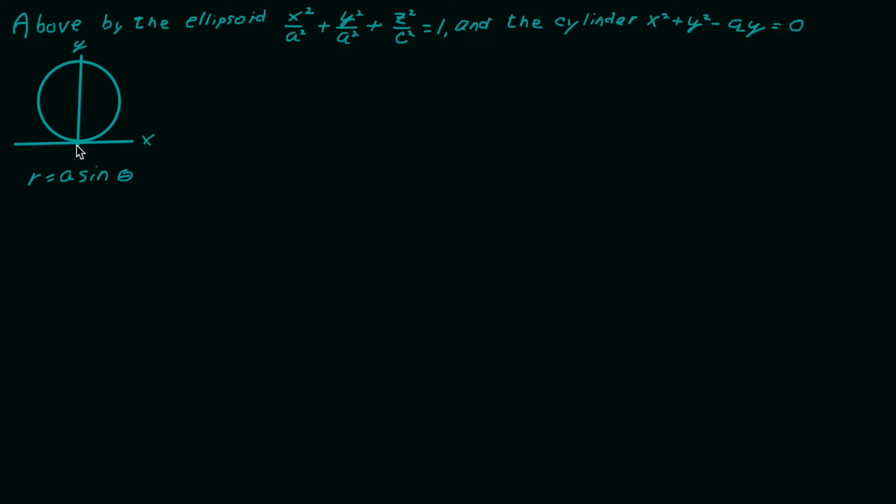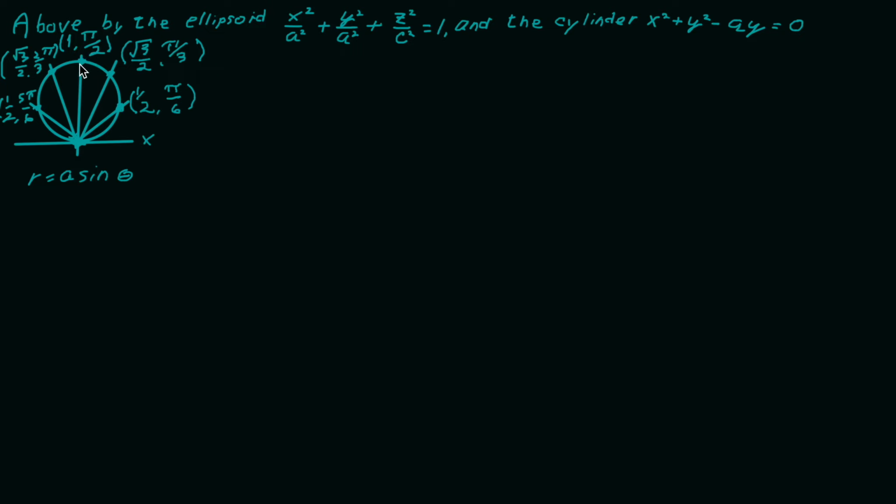We can see that by dividing this circle up into 6 sections. As we swing theta from 0 to pi, theta equals 0 would be r equals 0. Theta equals pi over 6, r will equal 1/2. Theta equals pi over 3, r will equal square root of 3 over 2, and so forth.